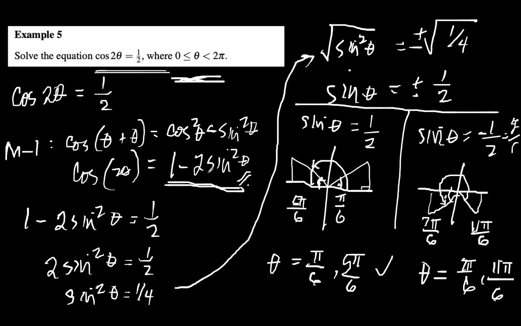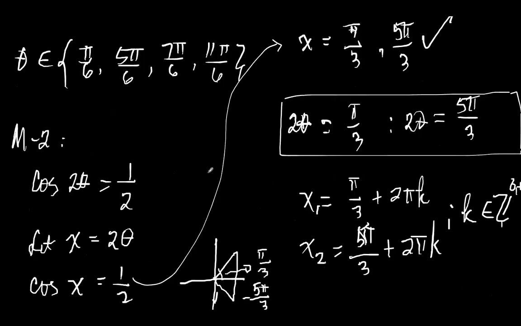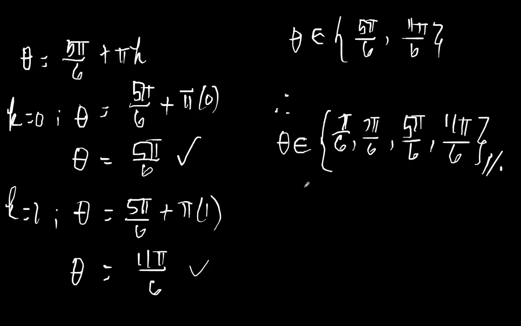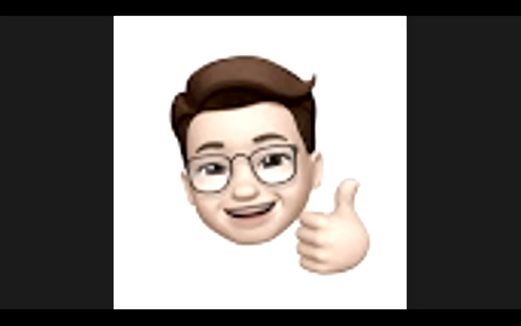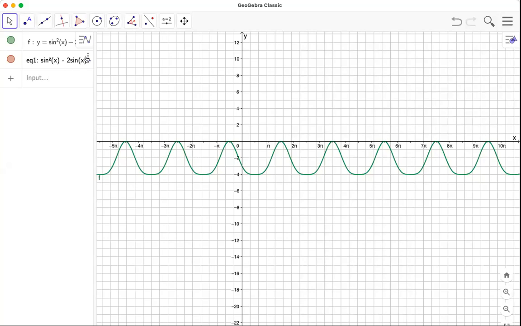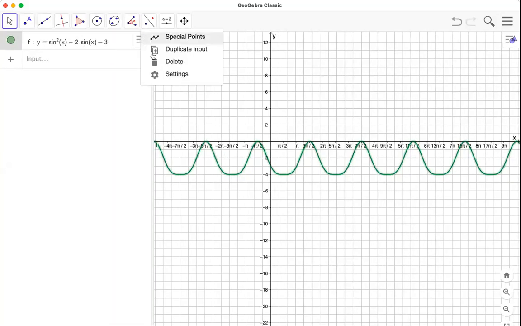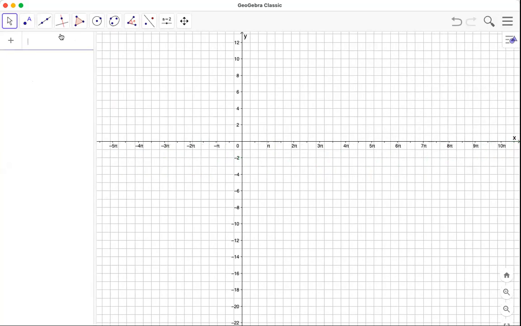And if you want, you can check our answers by substituting these values into the given equation. Also, we can use GeoGebra to show that this is also true, to check our answer. So let's make use of GeoGebra to check that our answer is correct. Our answers are actually correct.